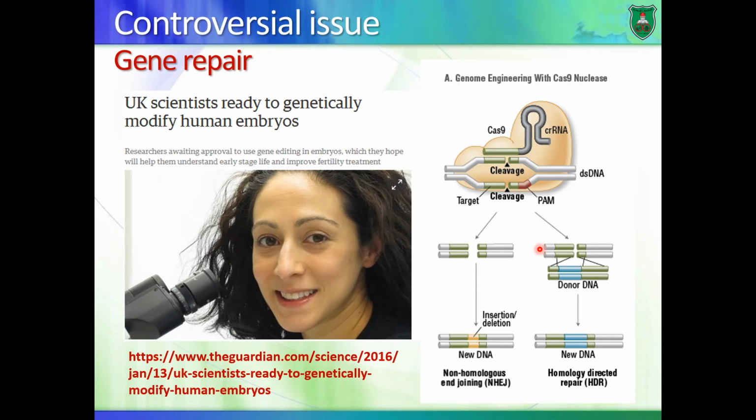We're talking about a few days old fertilized eggs or zygote. And what she wanted to do was to manipulate, change certain genes to identify and learn the function of genes involved in early embryonic development, which is something noble.